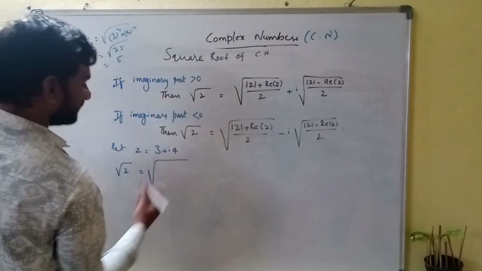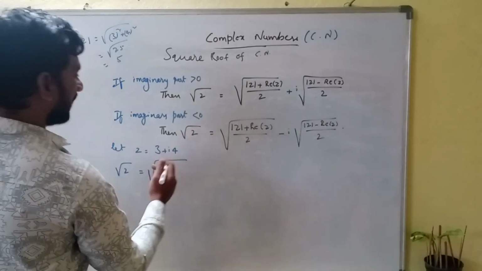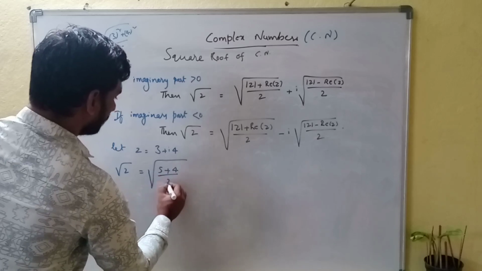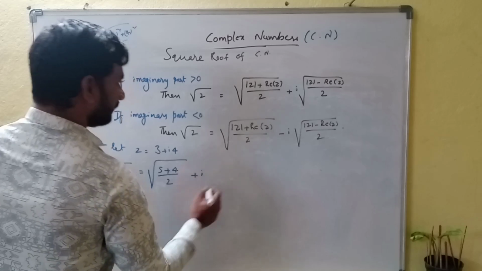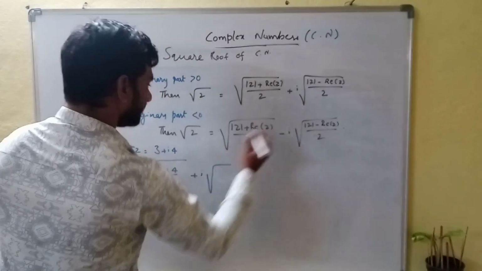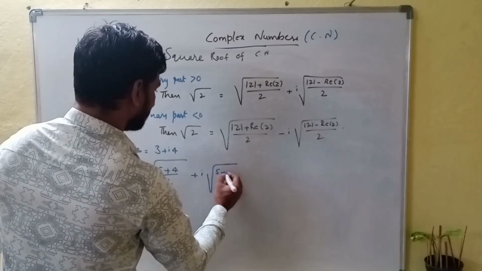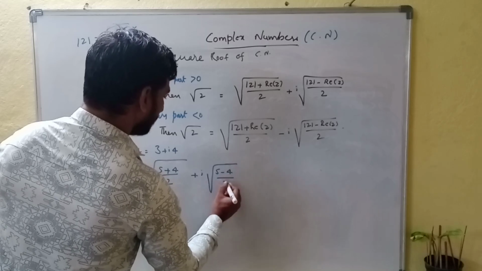So that means mod z value is 5, plus real part, which is 3, by 2. Again, plus i into, what will be the imaginary part? Under root mod z is 5 minus real part of z which is 3, by 2.